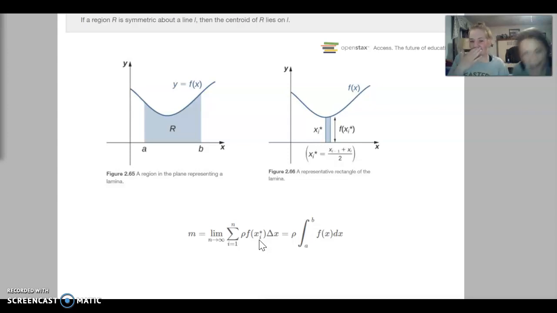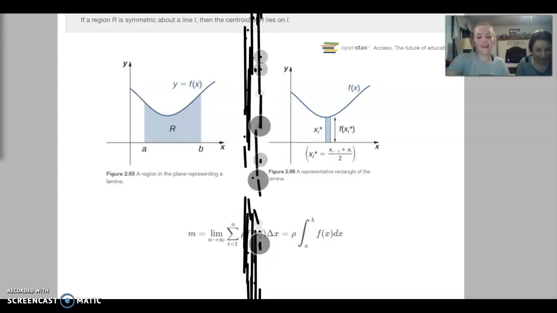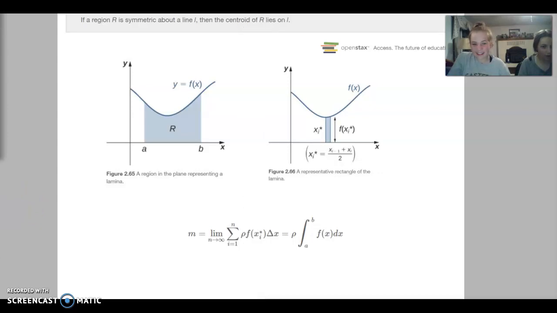And then you times, don't forget the distributive property. You have to distribute rho across. So you have to distribute rho to the x star and the i.